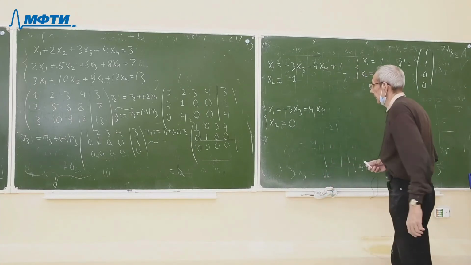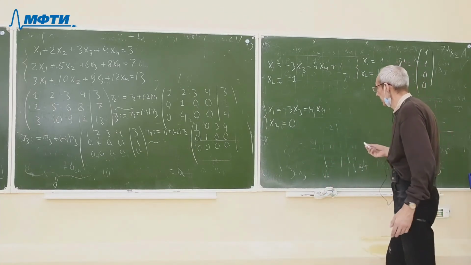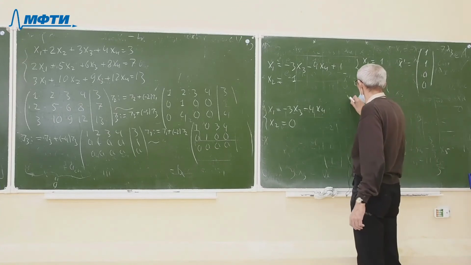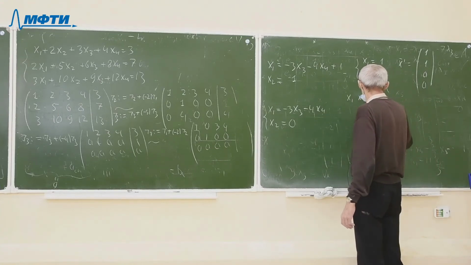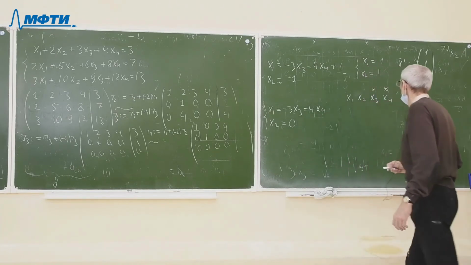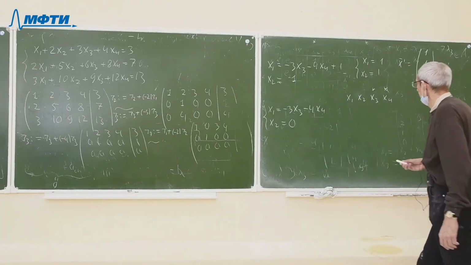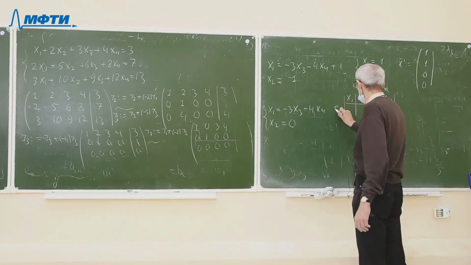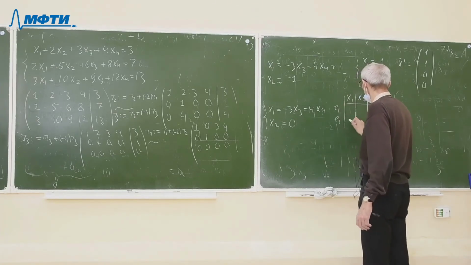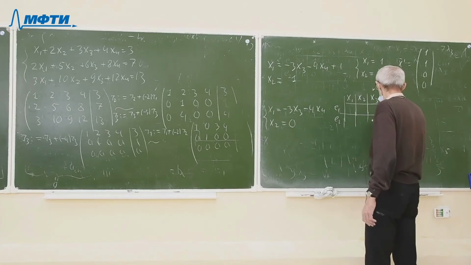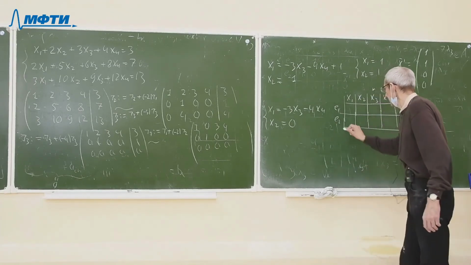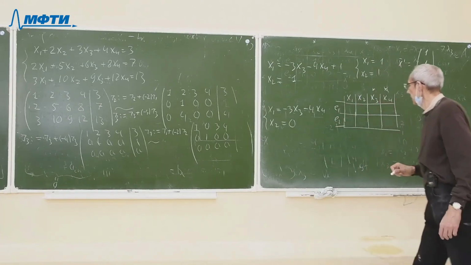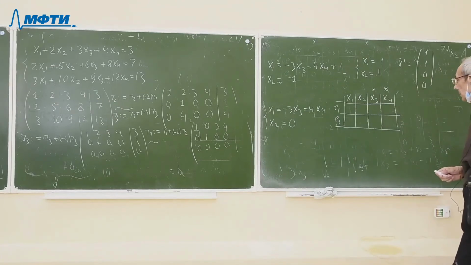The general solution of the corresponding homogeneous linear system. We have variables x1, x2, x3, x4, and x3 and x4 are independent variables. We have two basic solutions, let's denote the solutions by E1, E2.